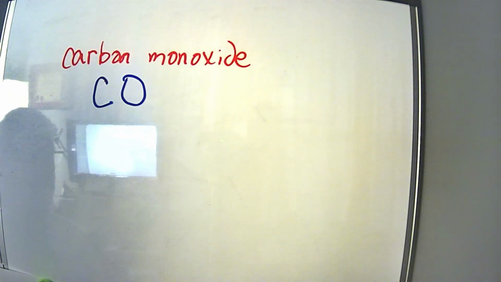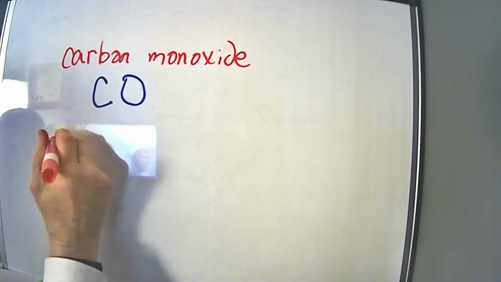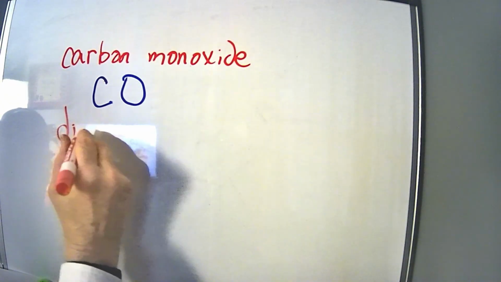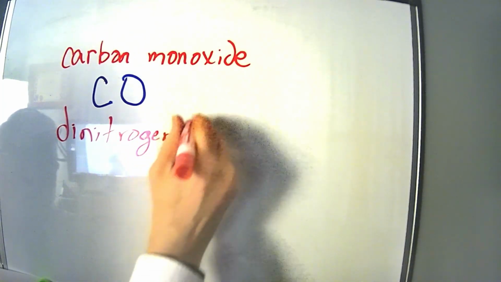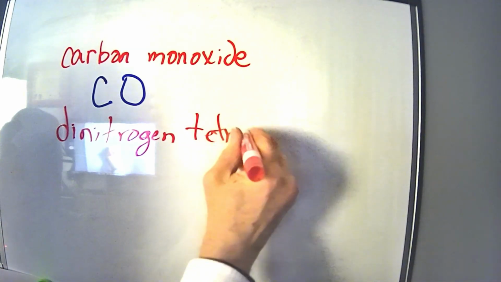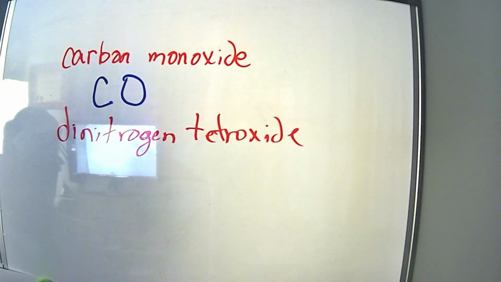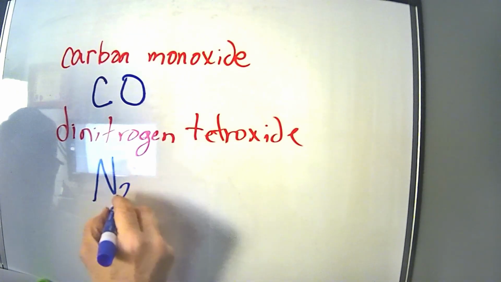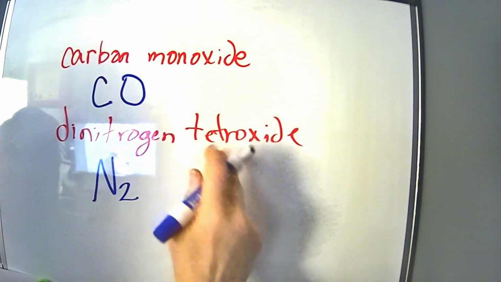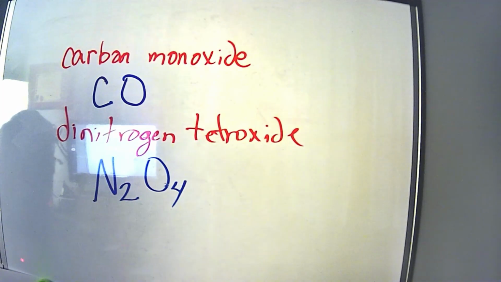So it's simply CO. Dinitrogen tetroxide. So dinitrogen, I need 2 nitrogens, N2. Tetroxide, tetra is 4, so I need 4 oxygens, so O4. Simple as that.